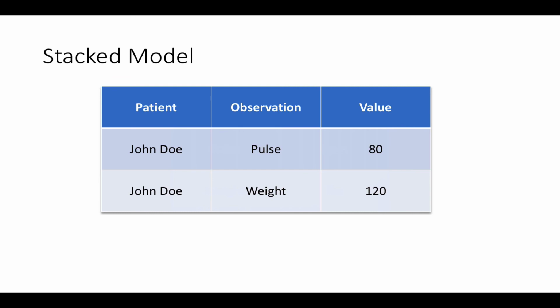And what you'll see is that now, instead of putting, say, pulse or weight in our data model design, we actually are recording that as data. We're saying, okay, the patient's John Doe and his pulse is 80. We can record that without having pulse anywhere in our data model.